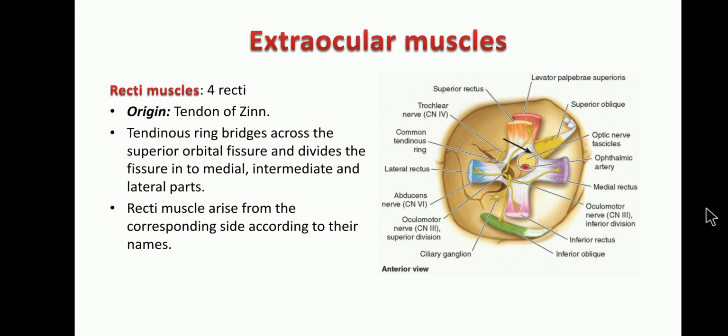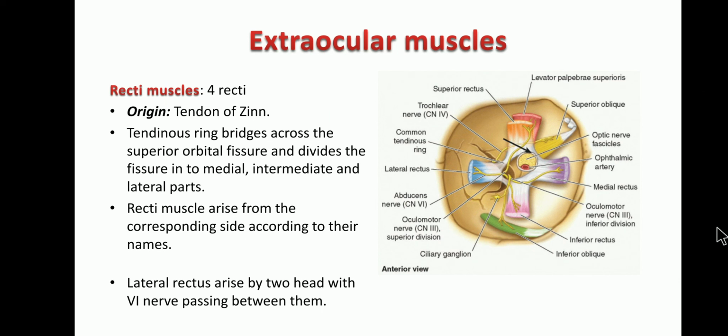Of these, the lateral rectus alone arises as 2 heads, and the abducent nerve is present between the 2 heads of the lateral rectus.